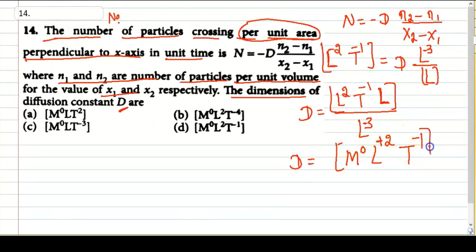Which option matches this answer? M0 L2 T minus 1, that is option D, the correct answer for this question.